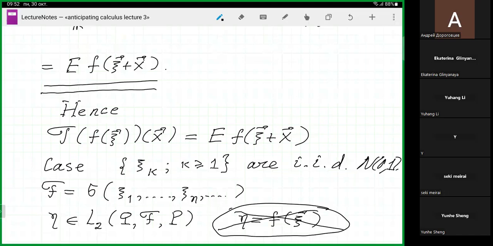And you remember, we want to have some symmetry so that there are no privileges between xi 1, for example, and xi million or billion. So it is non-convenient to construct some special space for xi.